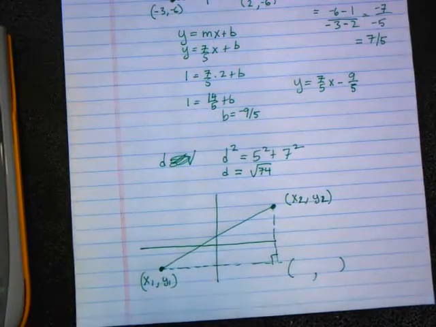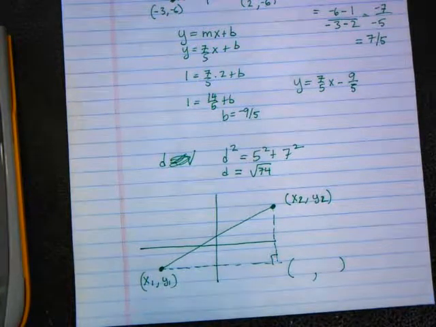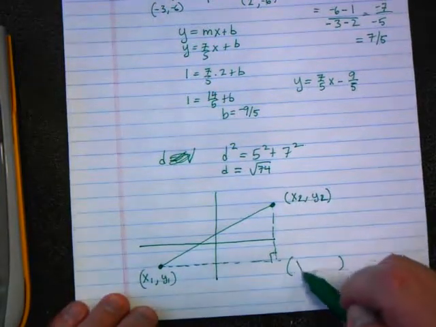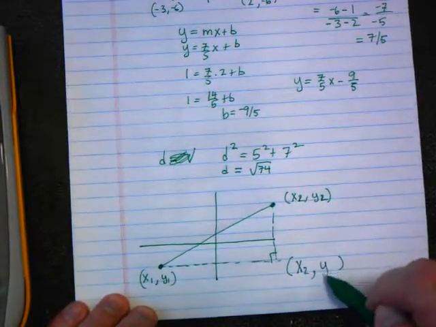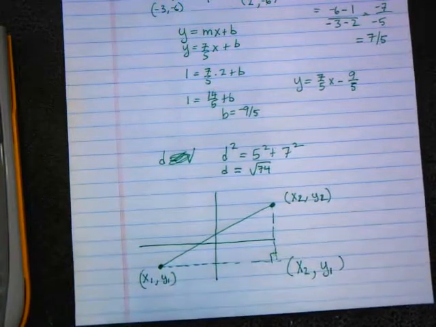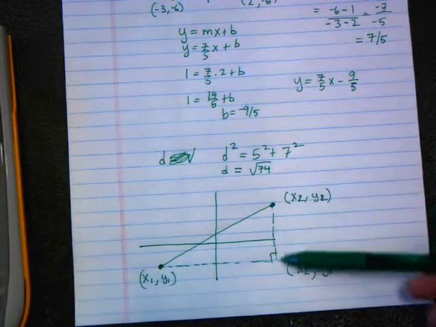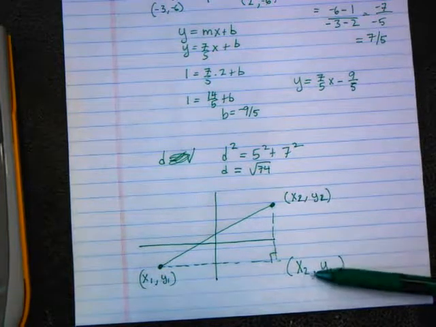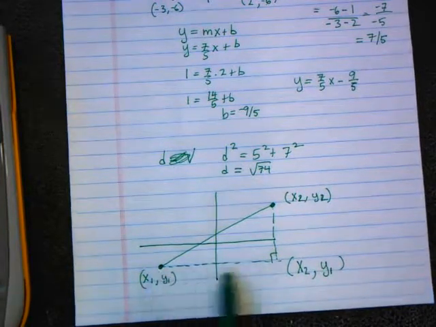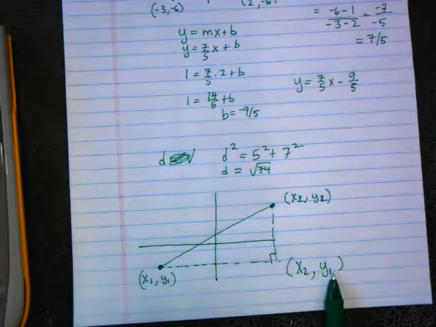What would that point be right there? It would be x2, y1, because it's up and down from here, so it has the same x number as this one, which is x2, and it's left and right from there, so it has the same y number, which is y1.